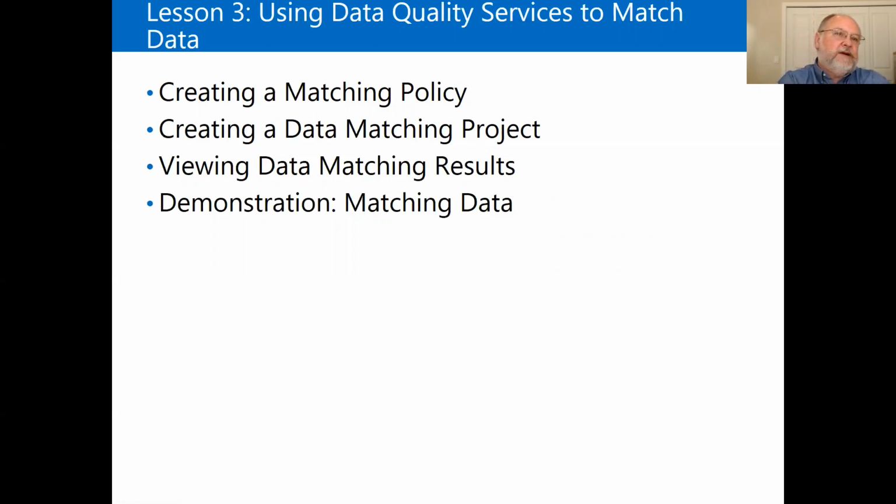And my CRM project has an entry for Ben Smith, and so does my order processing system. If I just want an output for customers, how do I figure out that these two are duplicates, and how do I figure out which one I want to keep? So that is a matching policy. So we're going to look at using DQS to do deduplication or matching.